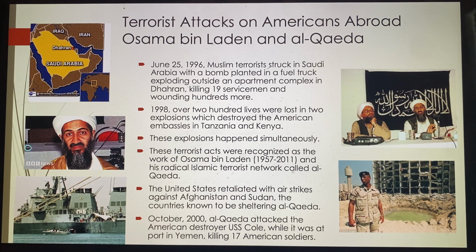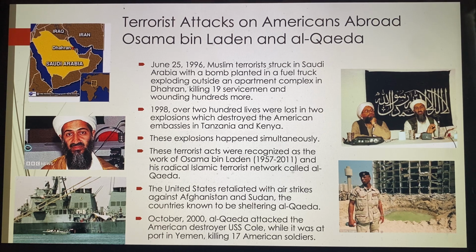In 1998, over 200 lives were lost in 2 explosions which destroyed the American embassies in Tanzania and Kenya. These explosions happened simultaneously, so you know that they were planned.